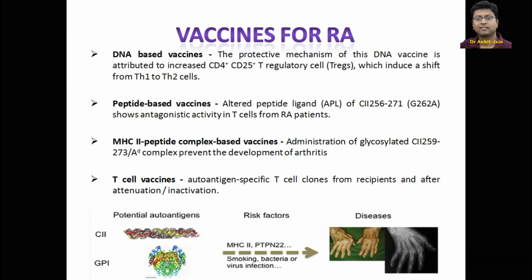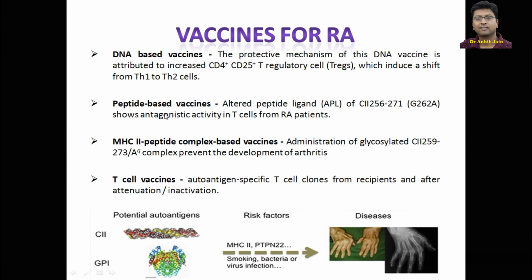In the DNA based vaccine, the response will be changed because we are introducing different cytokine genes, and it will change the response from T helper cell 1 to T helper cell 2. As we know, T helper cell 1 will increase the delayed type hypersensitivity, while the T helper cell 2 response will increase the humoral immune response.